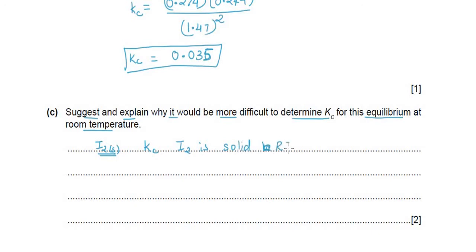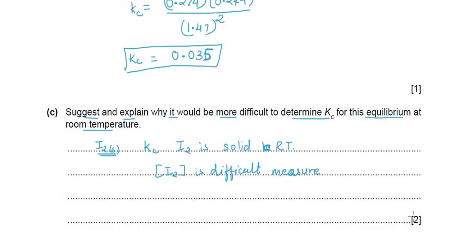Now another reason could be that if iodine is solid, the concentration of iodine is difficult to measure, or you can say that the concentration of iodine will be too low to measure.